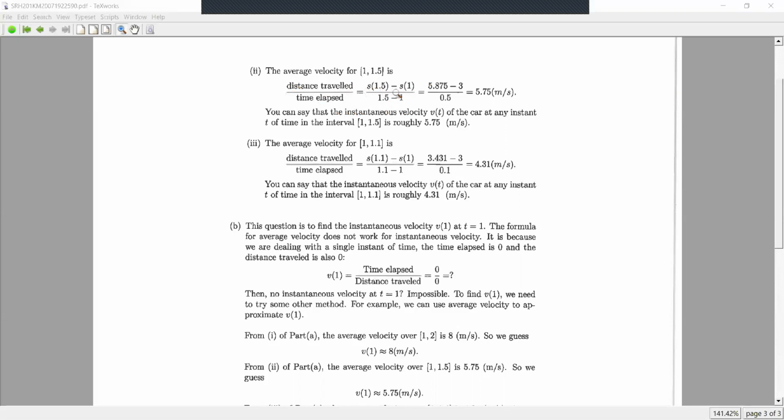The difference is the distance traveled by the car in this time interval. Then with a calculator, we get the average velocity over this time interval is 5.75 meters per second. Roughly, you can say that between 1 and 1.5, the instantaneous velocity is about 5.75.